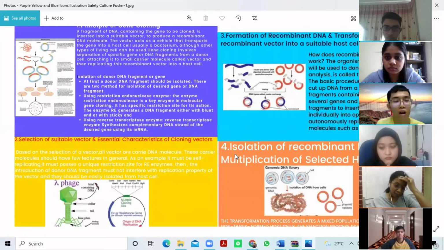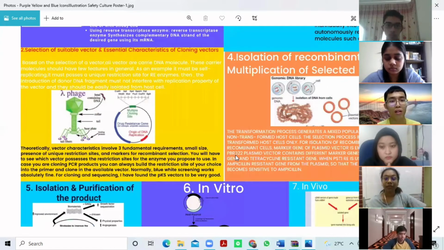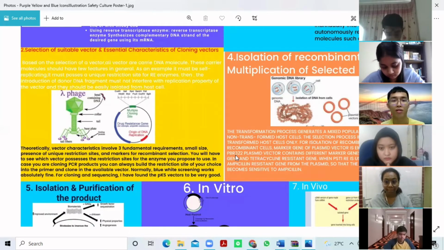So now I will be explaining the part on isolation of recombinant host cells and multiplication of selected host cells. The transformation process generates a mixed population of transformed and non-transformed host cells. The selection process involves filtering the transformed host cells only.